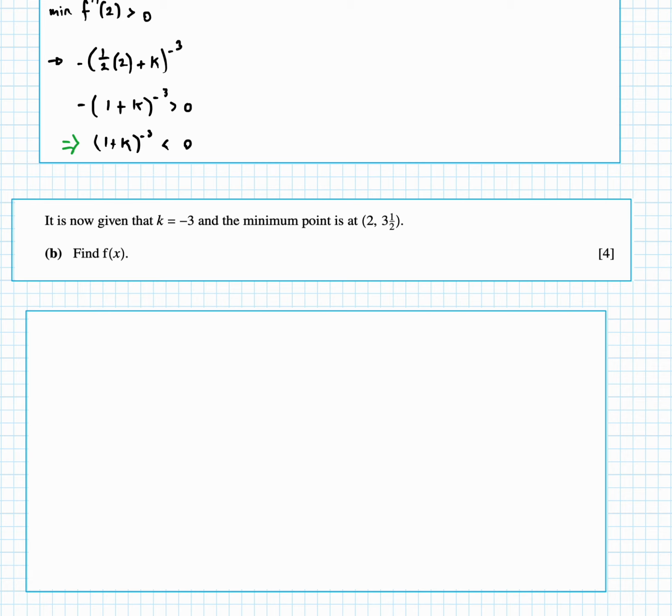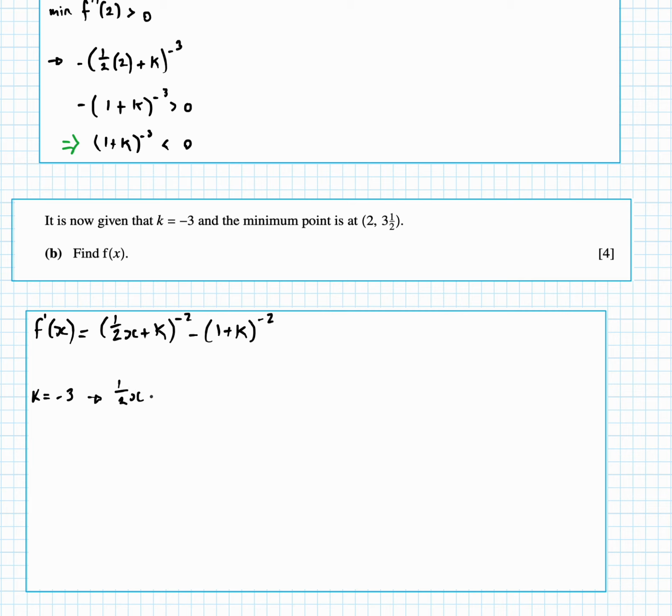Part B is now given that k is equal to minus 3, and a minimum point is at (2, 3.5). Find f of x. Okay, so we go back to our original f prime of x function, and we replace the unknown k with minus 3. I'm going to simplify that down as well.